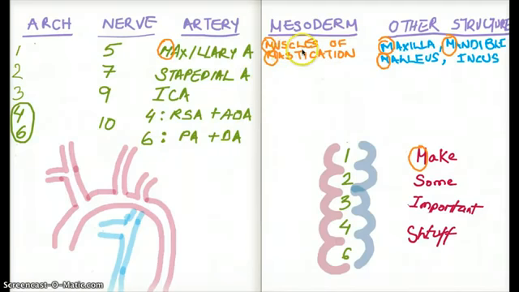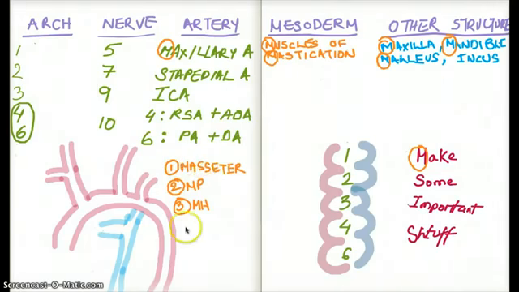Some of the muscles of mastication that also rhyme with M are masseter, and then there is the medial pterygoid, there is mylohyoid, also rhymes with M. These are the muscles of mastication from brachial arch 1.